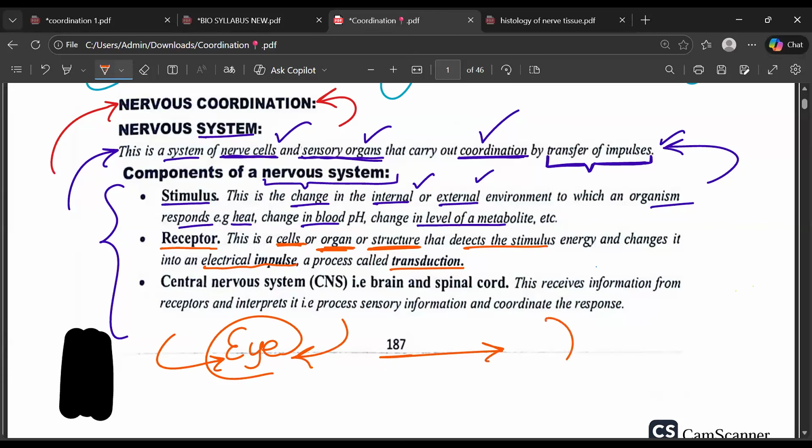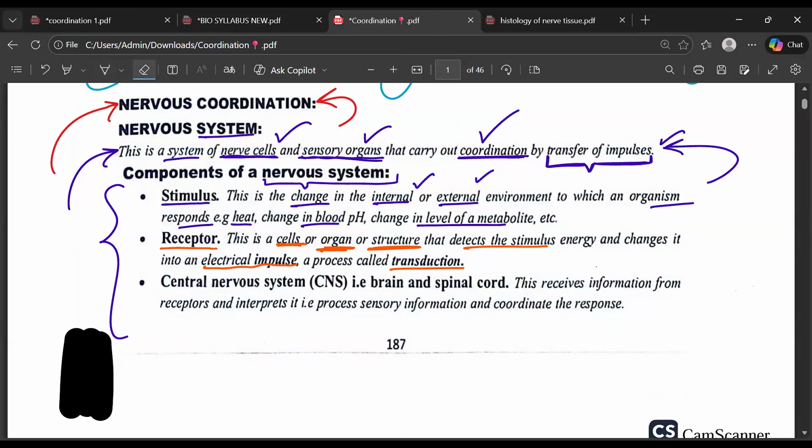It must transduce it to a nerve impulse, electrical impulse, into electricity, so that it can be transmitted to the brain, where the brain is part of what they call the nervous system. You get that? Nervous system, very important.